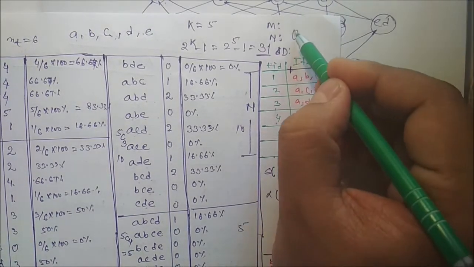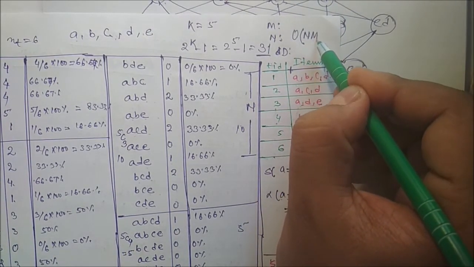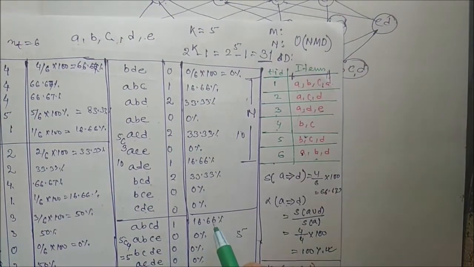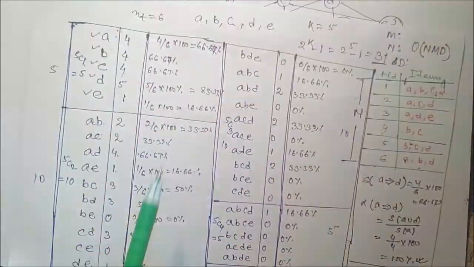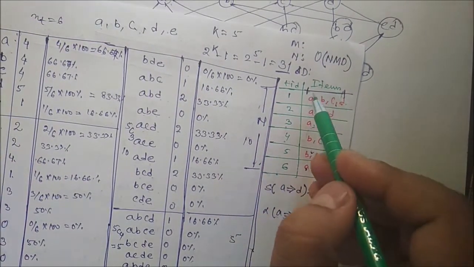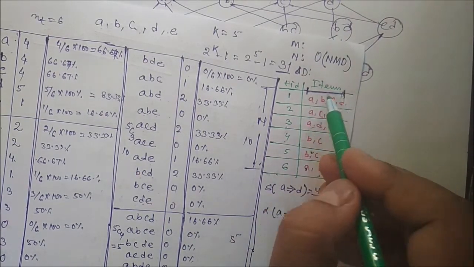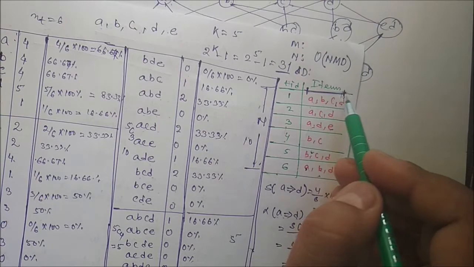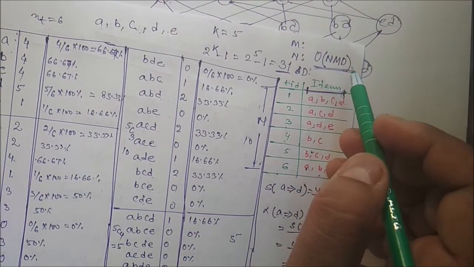So the complexity of the brute force algorithm is M times N times D, where M is the total number of combinations, N is the total number of transactions, and D is the maximum width of a transaction. The complexity of brute force is very time consuming.